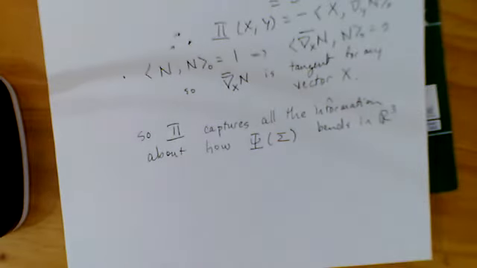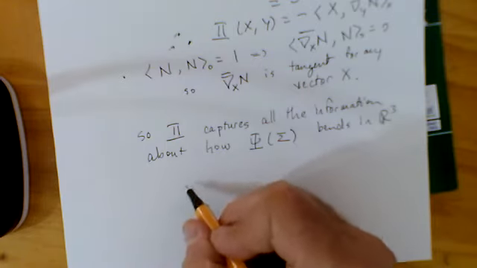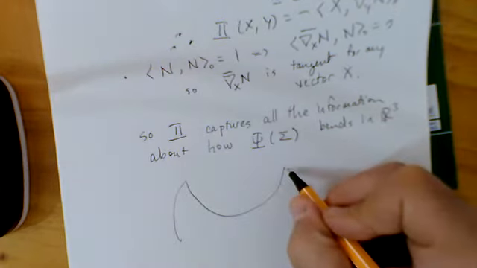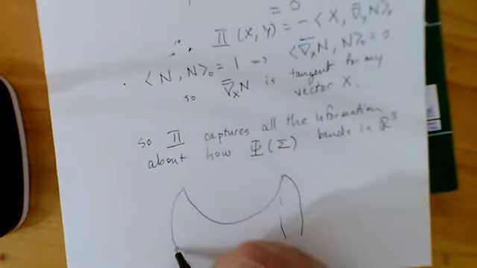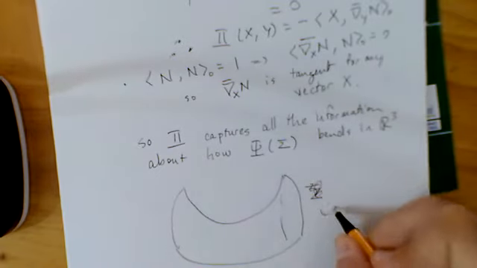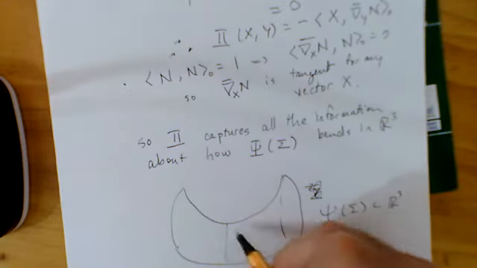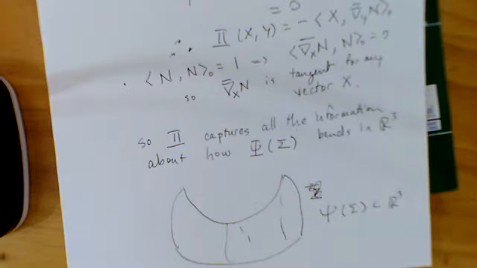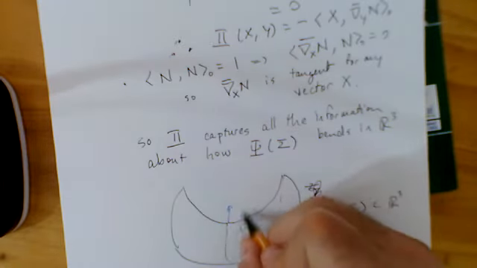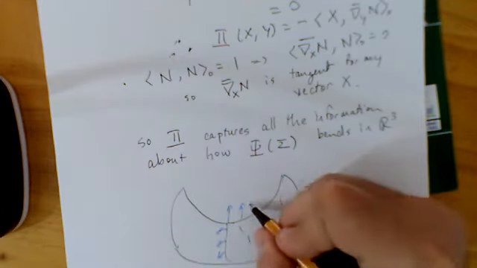So the way you can think about this is I have perhaps a piece of a surface sitting here. The normal vector is doing something like this.